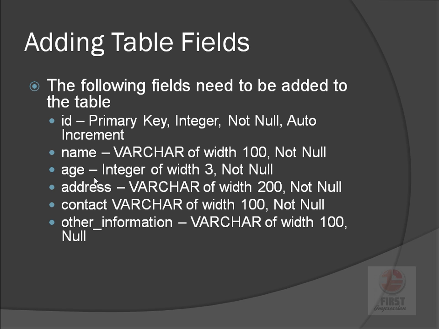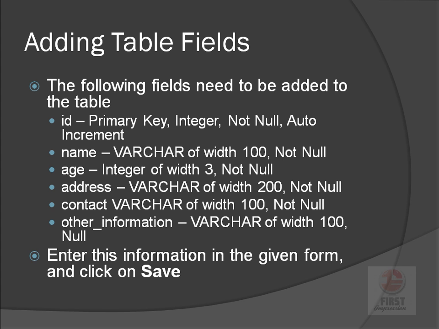Then you have address. It can be a varchar of width 200. This width is a bit less; if you want, you can increase the width. Then you have contact, that is the contact number. It will be a varchar of width 100. And you have other information about the person. It will be a varchar of width 100, but this can be null. Name, age, address, contact are not null, whereas other information can be null.